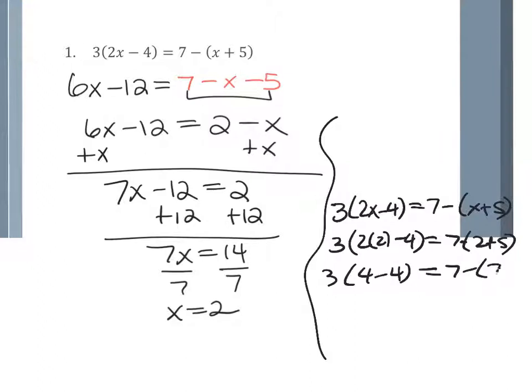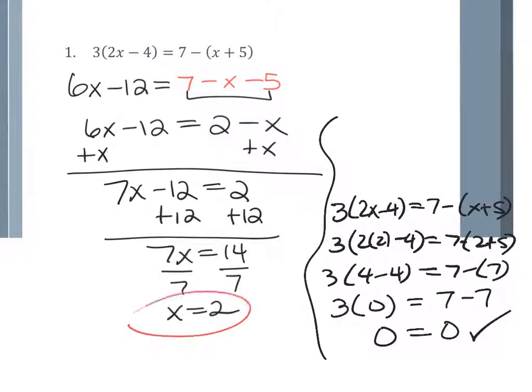Over here, 7 minus 7. So then 3 times 0 is 0, and 7 minus 7 is also 0. So when you plugged it in and you got a true statement here, both sides equaling the same number, then you know that this answer of x equals 2 is the correct answer.